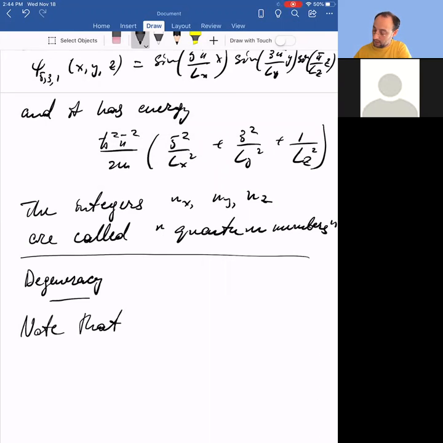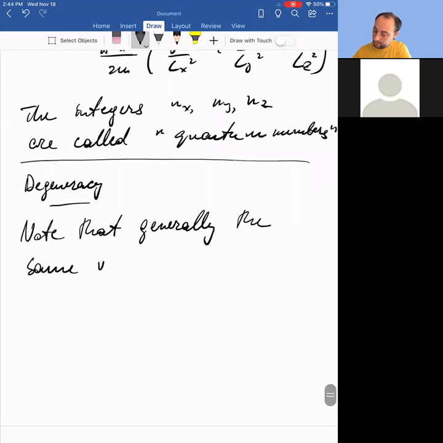Generally, the same value of energy is shared by multiple modes.